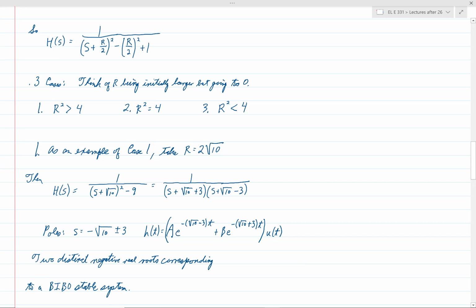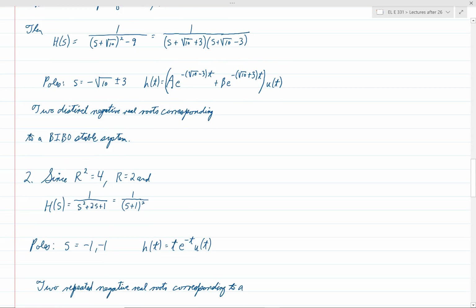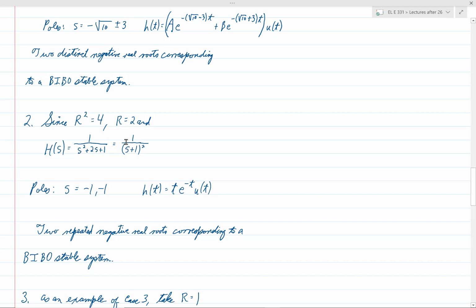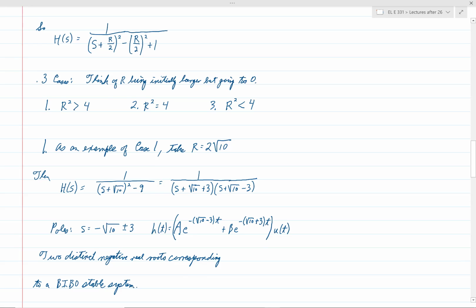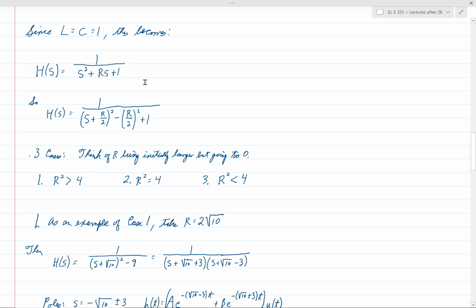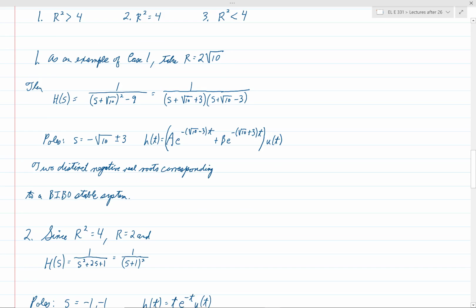Okay, well, let's look at case 2, R squared equals 4. Well, if R squared is equal to 4, as long as this is a real resistor, then R must be equal to positive 2. And so h of s then would be 1 over s squared plus 2s plus 1. That's from right here.